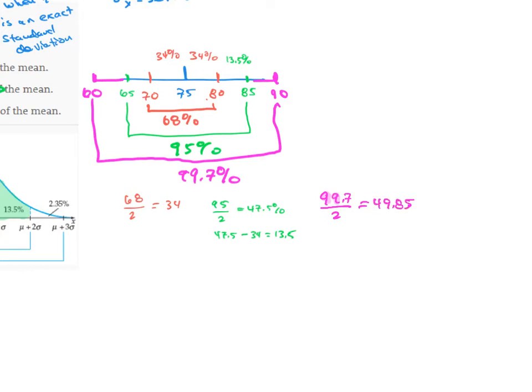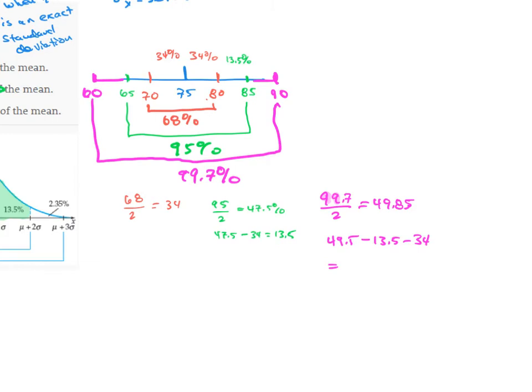So 49.85 would be all scores from 75 to 90. But I want to know how many scored just between 85 and 90. So how am I going to do that? I'm going to do 49.5%. I'm going to subtract off the 13.5% that's from 80 to 85. And I'm going to subtract off the 34% that's from 75 to 80.